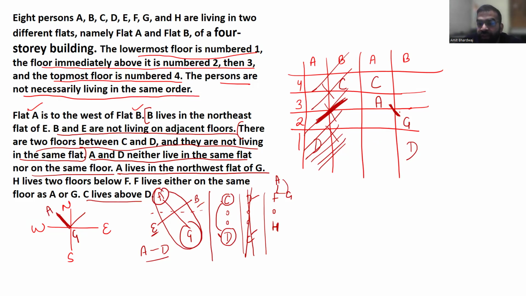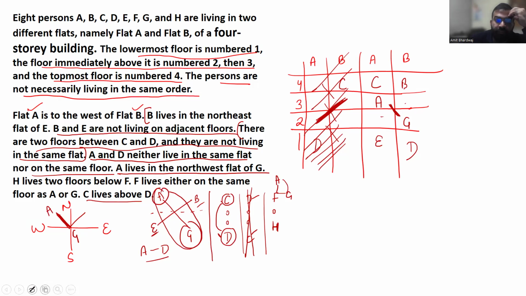One situation is very obvious in front of us: if E is here, then B is here, which is not possible, because one floor at least should be there. If E is here, B should be here. This is possible.